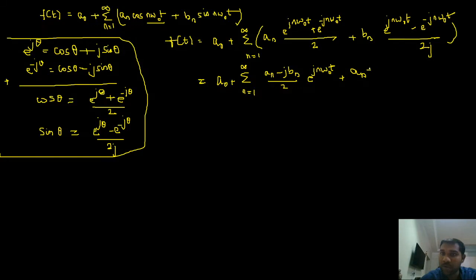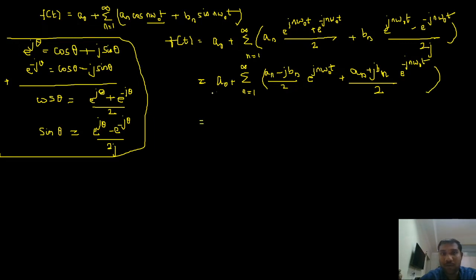When it comes to the numerator it becomes plus jbn by 2, into e^(-jnω₀t).